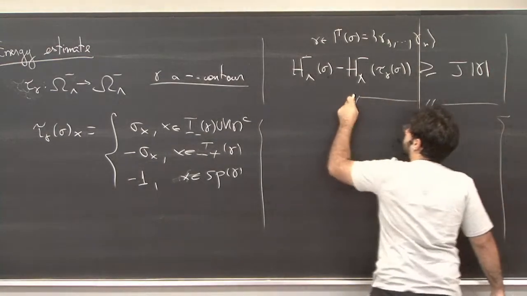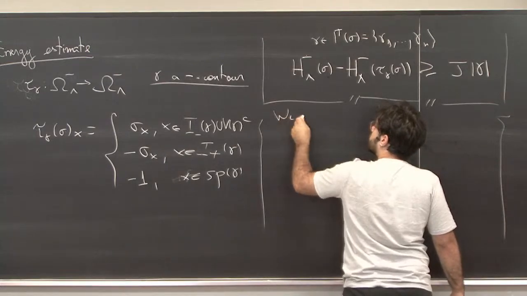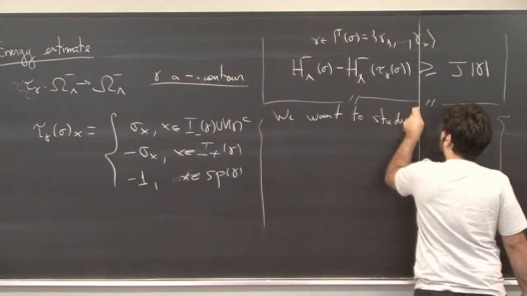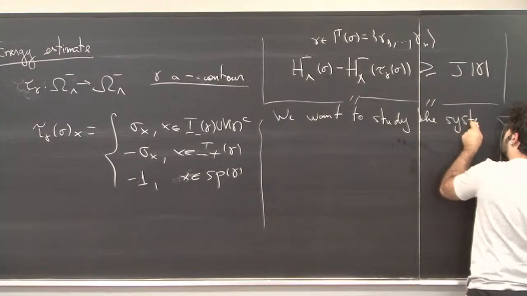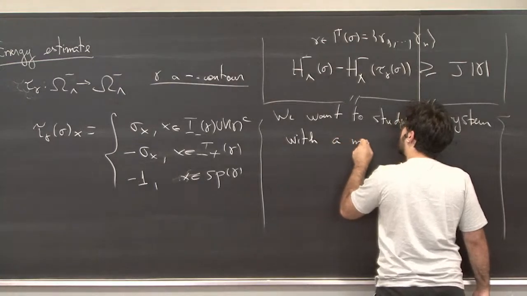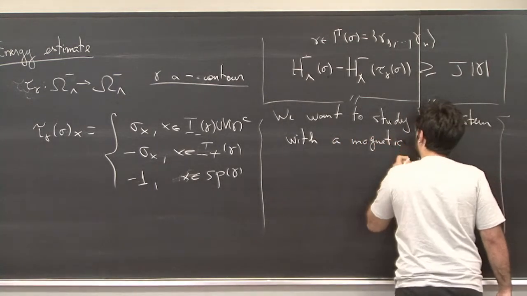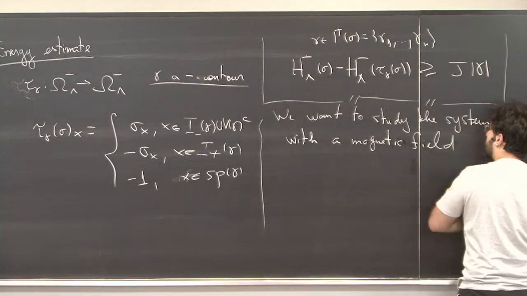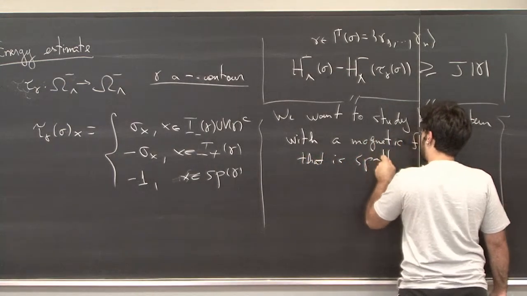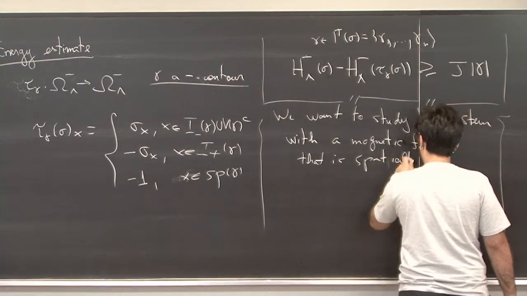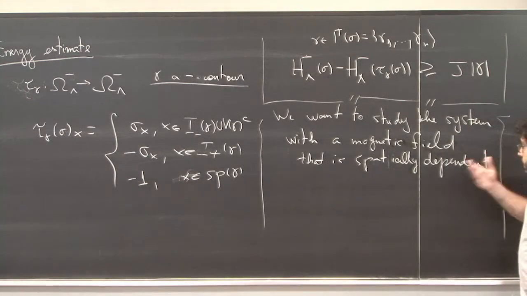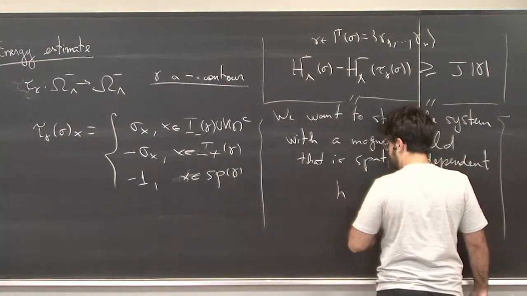First, we want to study the system with a magnetic field that is not constant, that is spatially dependent, and it's a very specific one. This is the one.